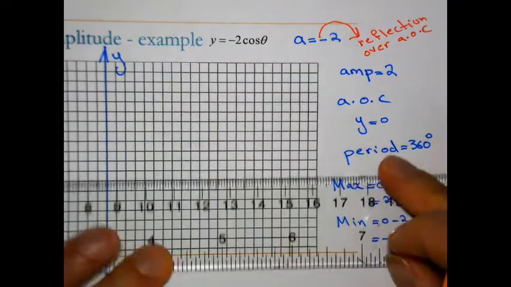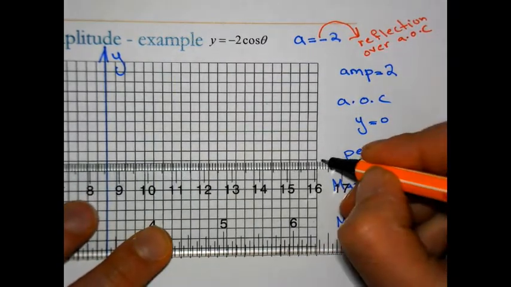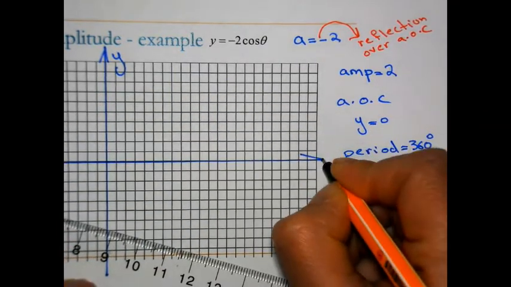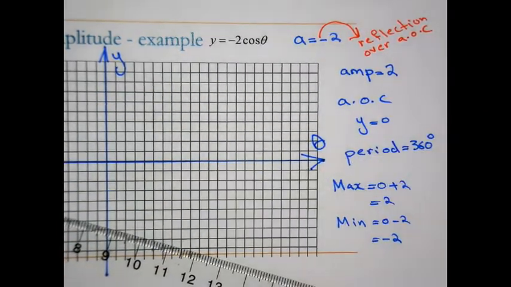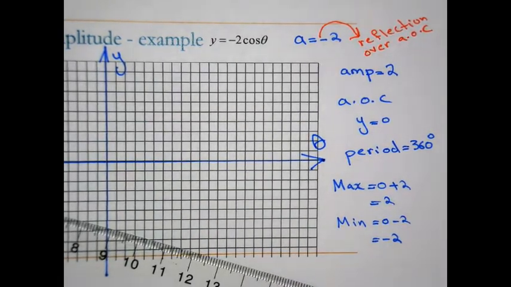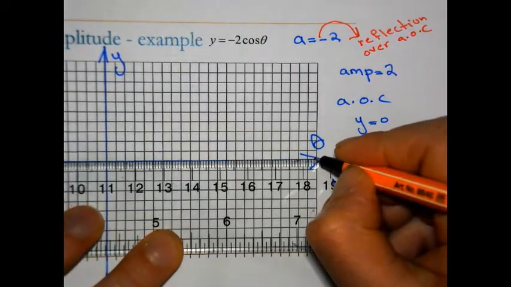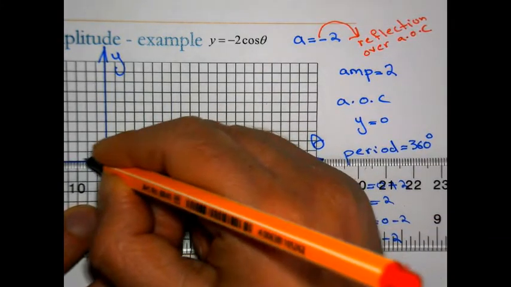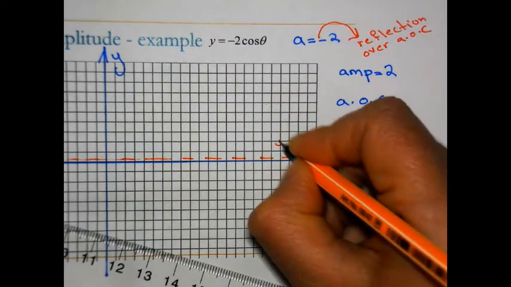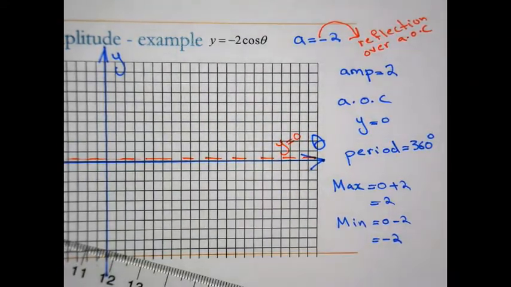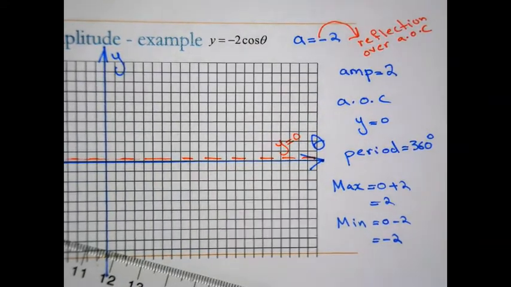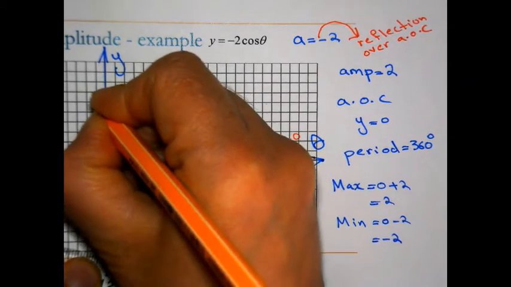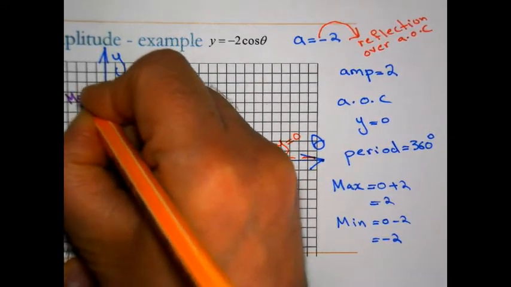Y, theta. Now the axis of curve is at y equals 0. So this is y equals 0. The max is at 2. So 1, 2, this is max.